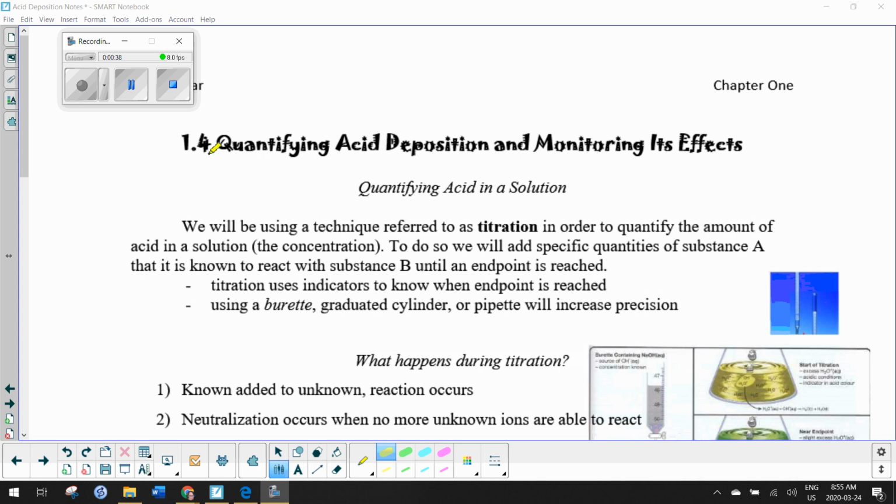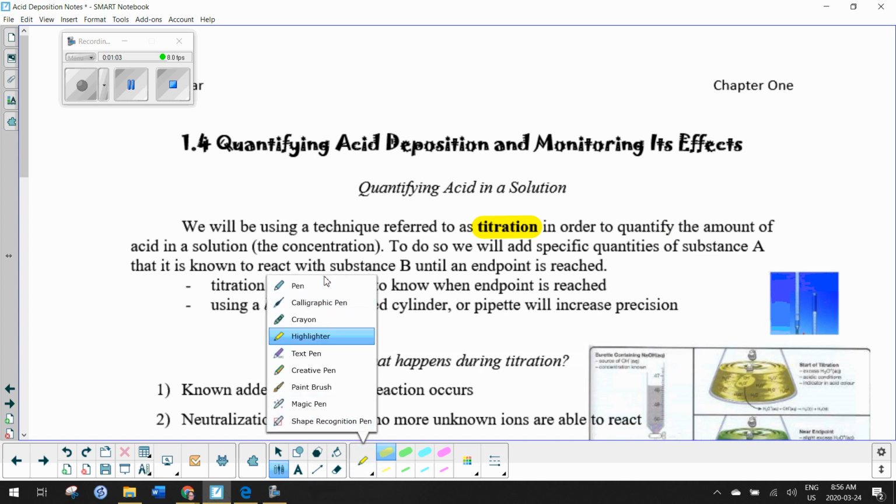So today we're going to be learning about quantifying acid deposition and monitoring its effects. If we were in class, we would be doing a lab to talk about titrations. Unfortunately, we are not, so hopefully I can find an online app that will help you understand what a titration actually is. But a titration is used in order to quantify.